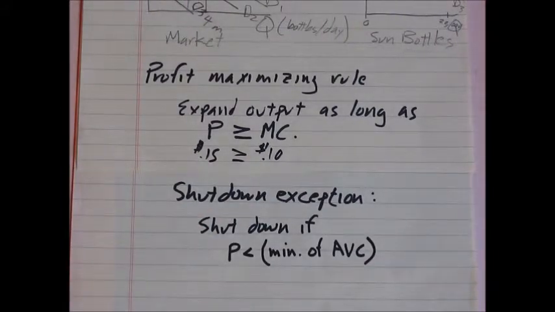So anytime you're thinking about what a firm ought to do in the short run, you first implement the profit maximizing rule, and then you check to see if the shutdown exception should be invoked. You've got to check and look at that average variable cost curve.